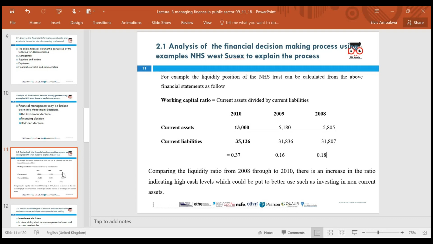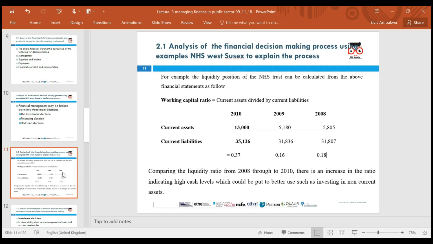And because this information is in the public domain, you can just go online, find their balance sheet, get their current assets divided by the current liabilities, and then you will be able to know the liquidity position of the organization. So if you look at here, I've looked at the current assets for 2013 and 2010, 2009, and 2008.